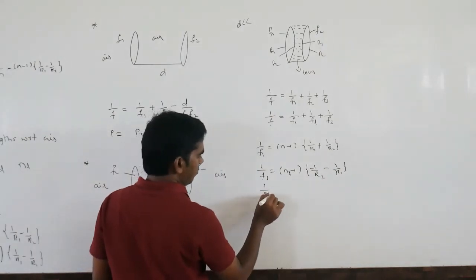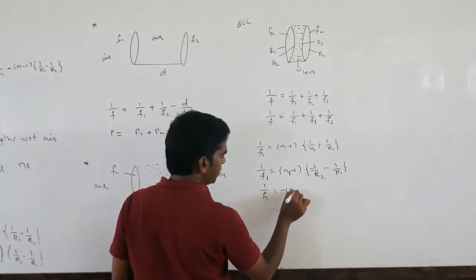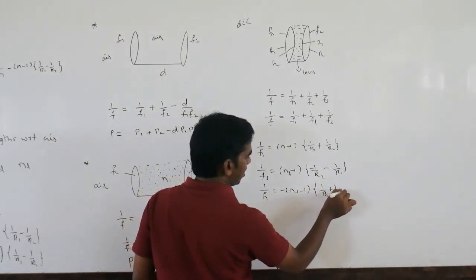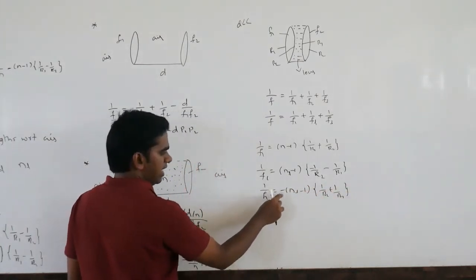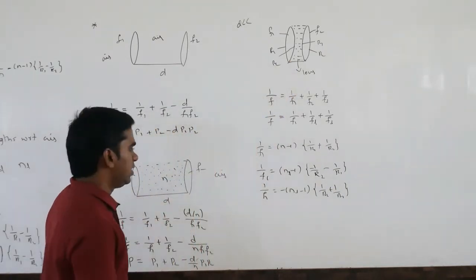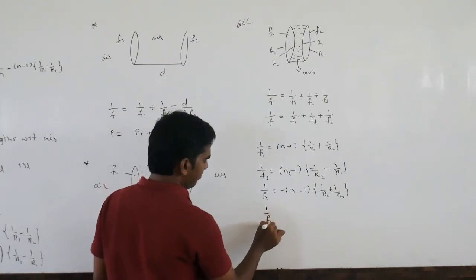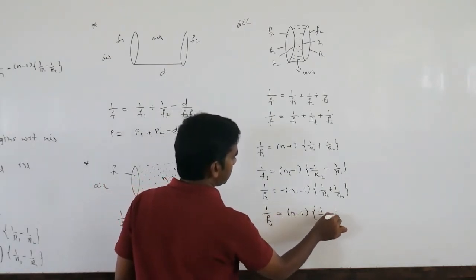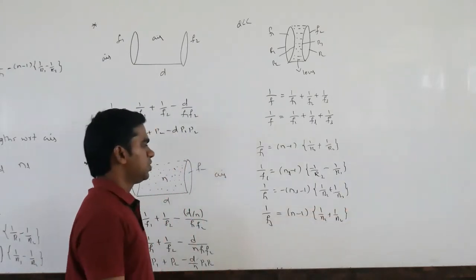So 1 by F1 equals, taking the negative sign outside, Nm minus 1 into 1 by R2 plus 1 by R1. See here, the negative sign is coming because it is looking like a concave. Similarly for F3, again the same thing, n minus 1 into 1 by R1 plus 1 by R2. Okay.